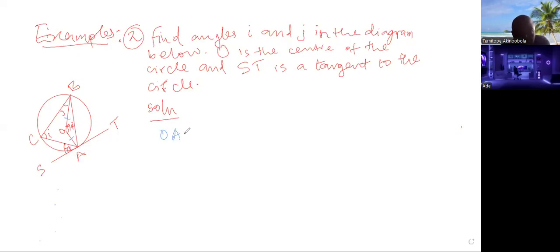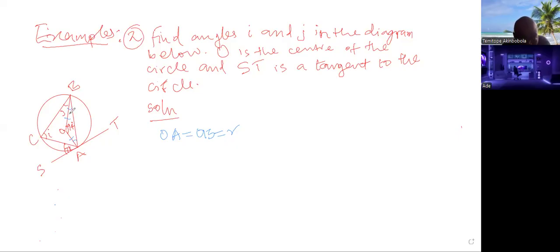OA equals OB equals R. And don't forget that we have another theorem that says that if a triangle is formed from two radii, then their base angles will be equal. So this place and this place will be equal.